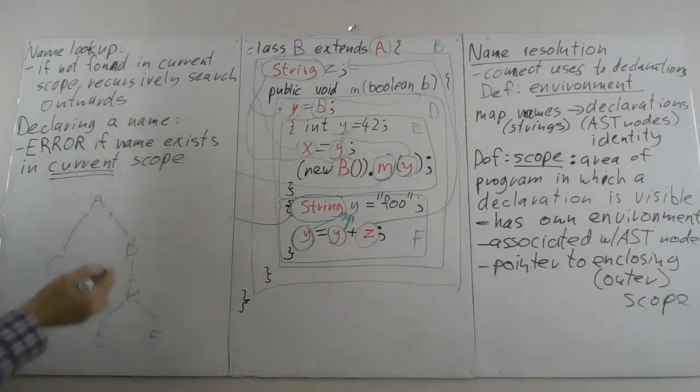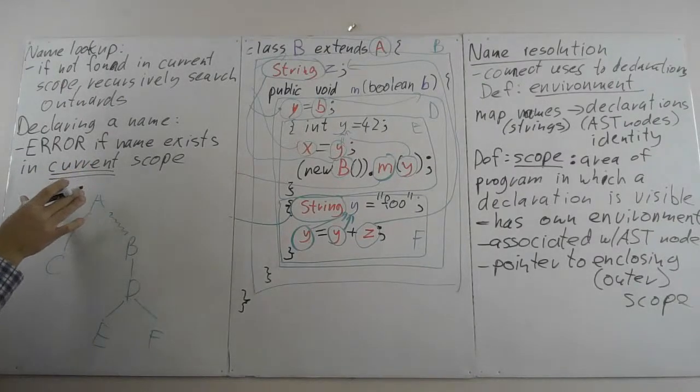And the key here is I only look for the name in the current scope.